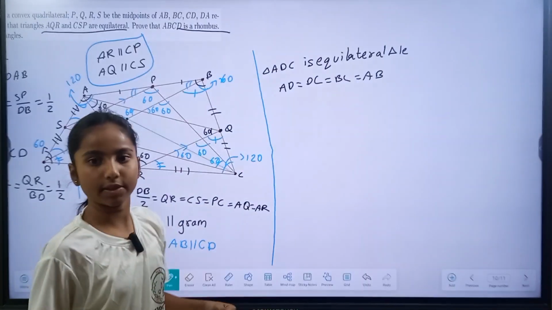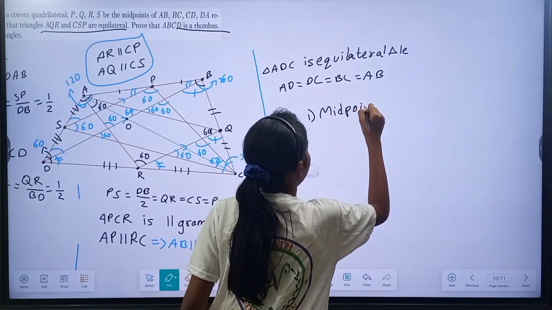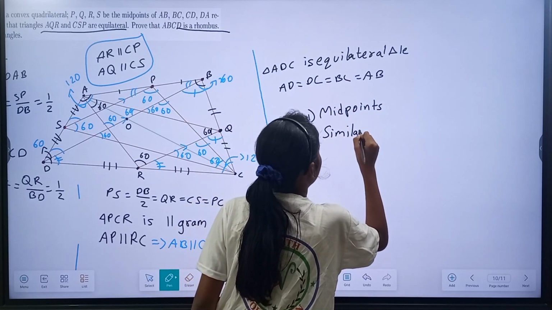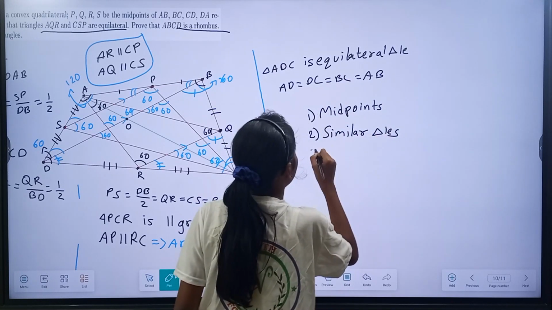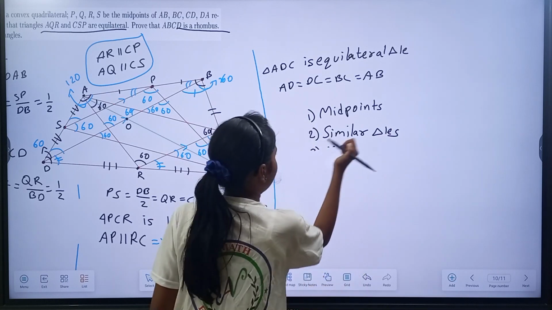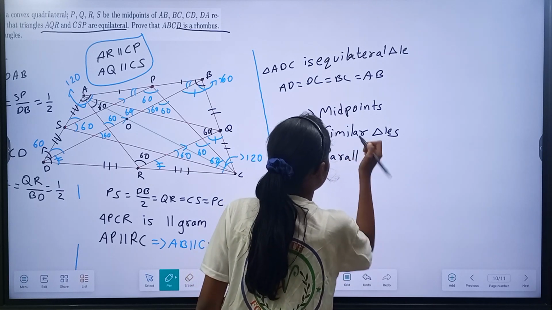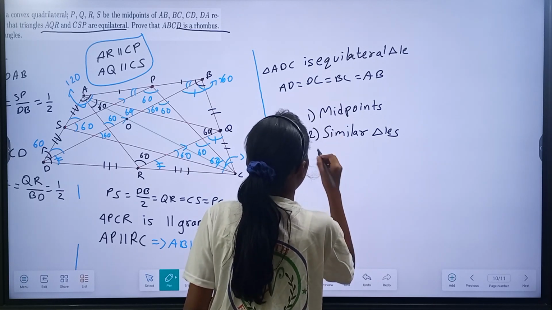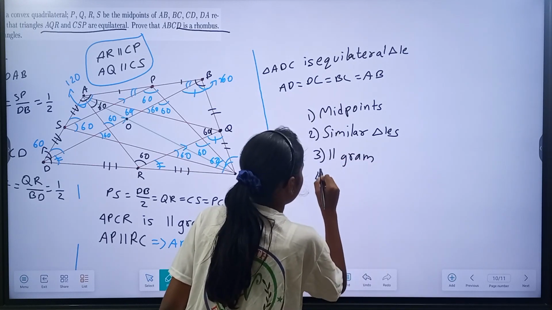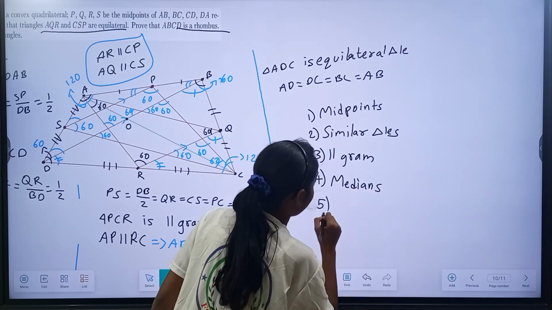The concepts we have used in this question are: first, midpoints; second, similar triangles; third, parallelogram; fourth, medians; and fifth, equilateral triangle.